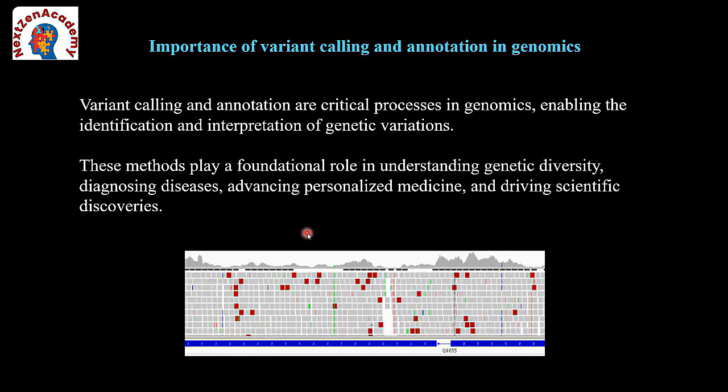Variant calling and variant annotation are very, very crucial processes in genomics. As I said, what is the main theme? It is helpful to identify the genetic markers in a particular individual, and then move into the interpretation of how that makes changes in real-time steps.